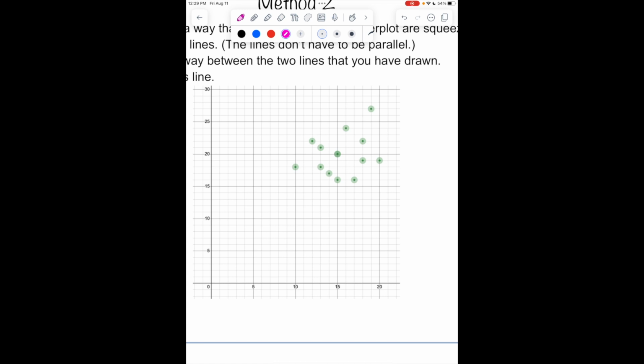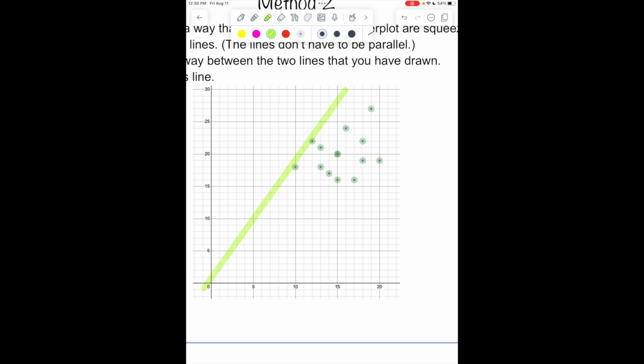So I'm going to do this in a different color. Let's actually highlight. So my first line that I'm going to draw is on this upper bound, and I'm going to say that it's about there.